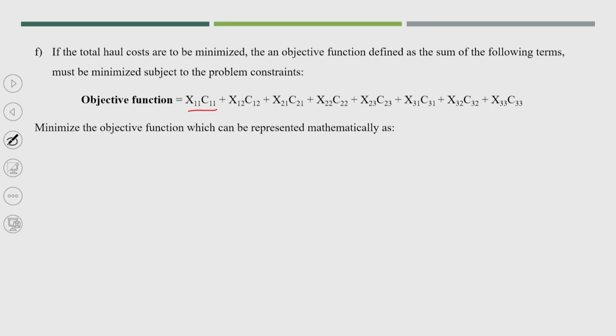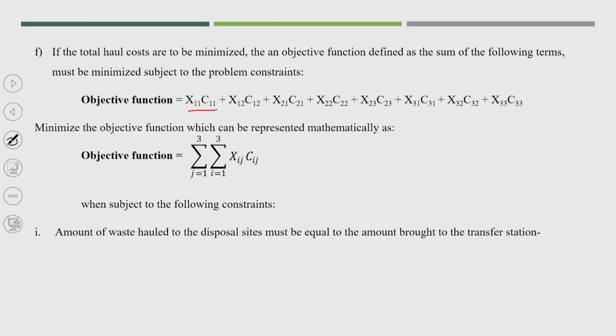Mathematically we can represent this objective function as the sum of Xij multiplied by Cij, where i is 1 to 3 and j is 1 to 3.